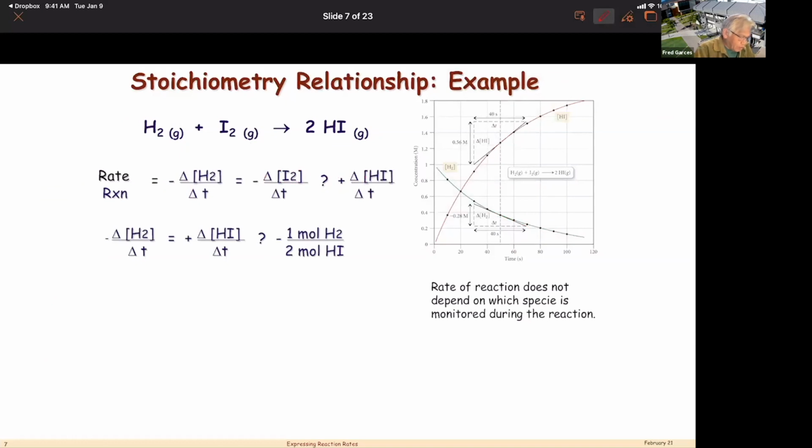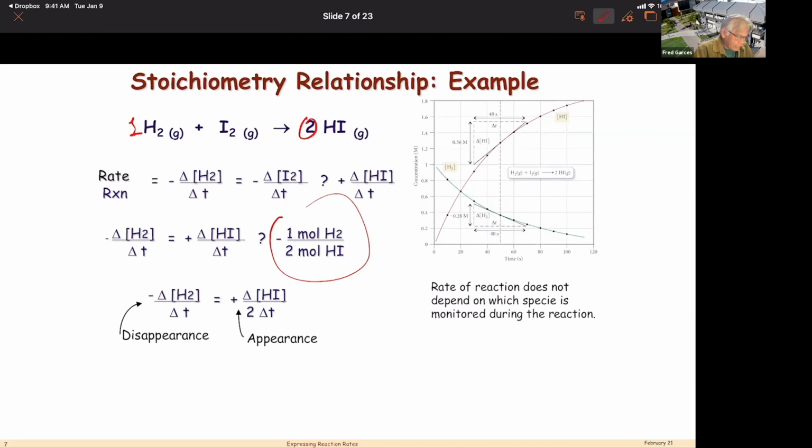So this is how we would do the relationship. The disappearance of hydrogen equals the appearance of HI. And we can say that it's 1 mole of H2 over 2 moles of HI. And this right here comes from the balanced equation.